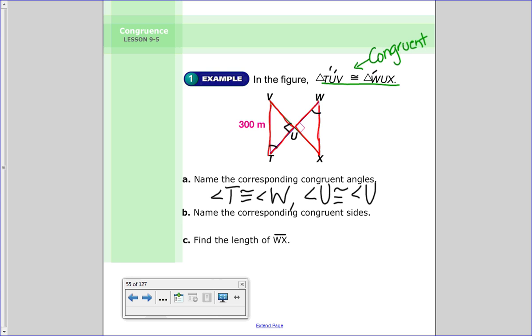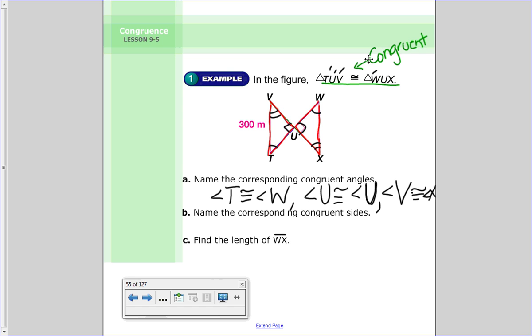So those are congruent. And then finally, we have angle V, which is the third one listed, is congruent to angle X. And I'm running out of space. There you go. So those are all congruent angles.